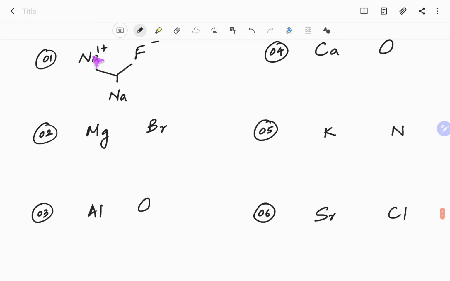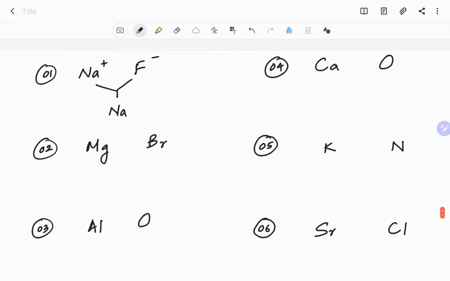It is not conventional to write the number 1. By writing the element symbol, you know that you at least have 1. So the ionic compound formula will be NaF.